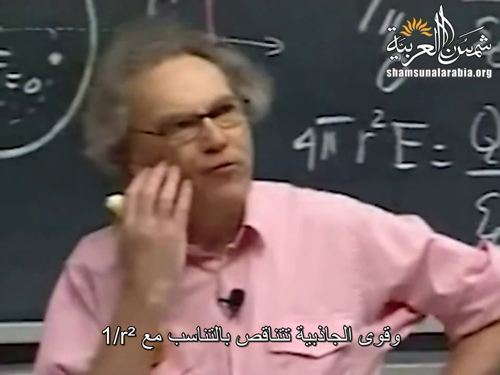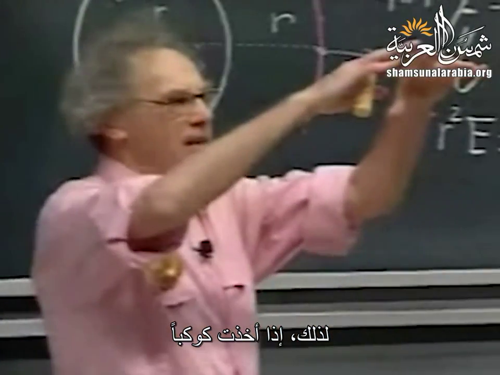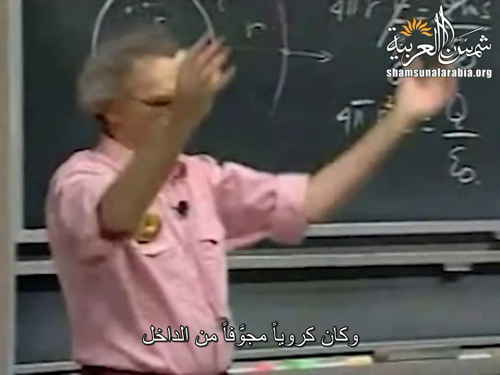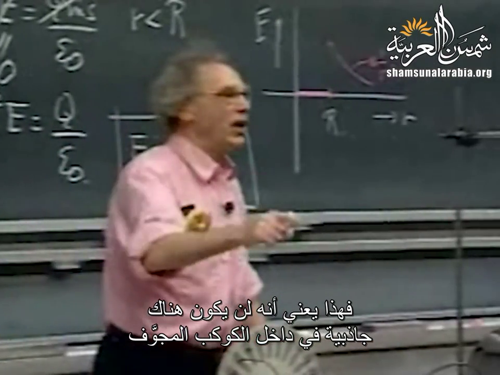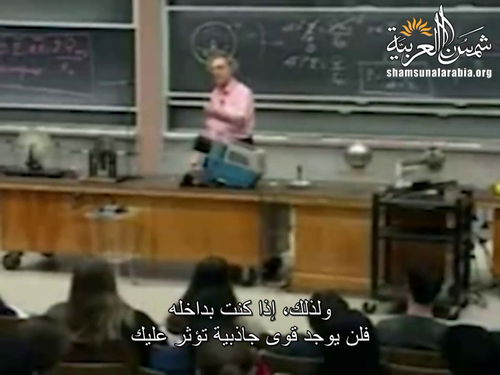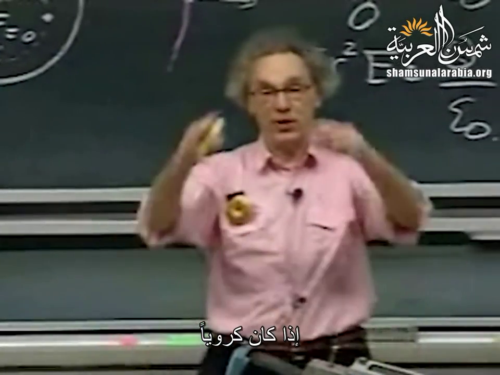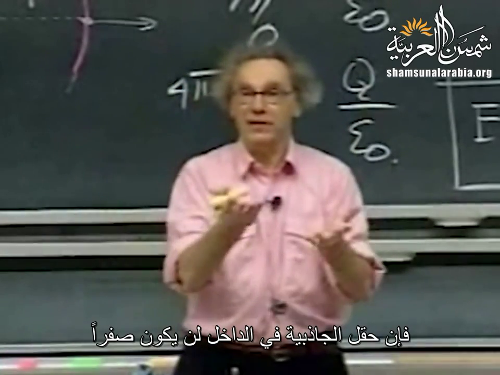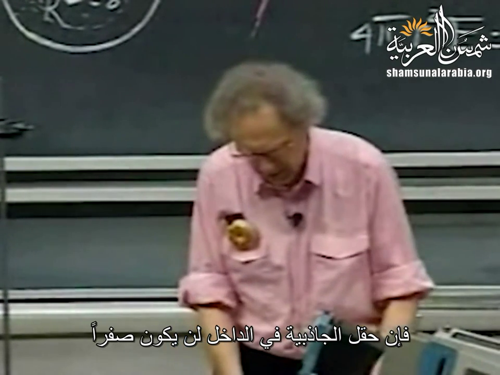Gravitational forces also fall off as 1 over r squared. Therefore, if you take a hollow spherical planet, if it existed, there would be no gravitational field inside that hollow planet. So if you were there, there would be no gravitational force on you, if it is spherical. If that planet were a cubical planet, then the gravitational field inside would not be 0.